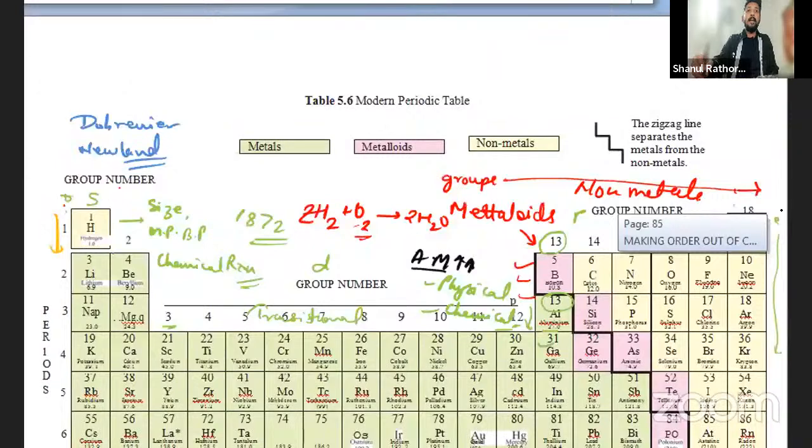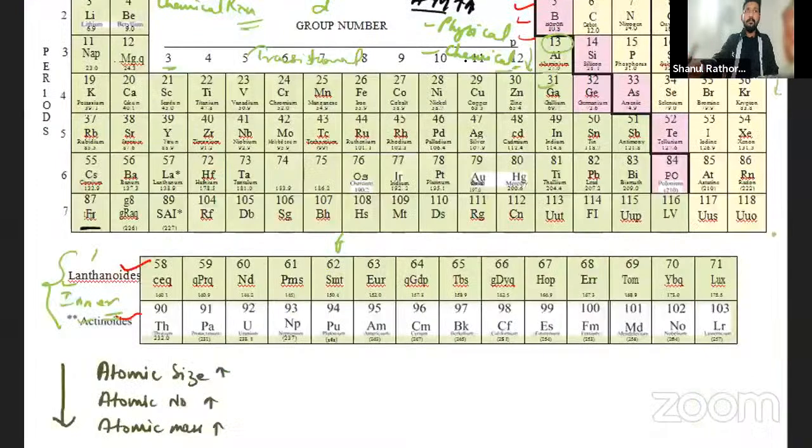And now as we move vertically, we will see that the electronegativity will increase. And if we move down the group, the electropositivity will increase, meaning these elements being bigger in size will lose electrons easily.